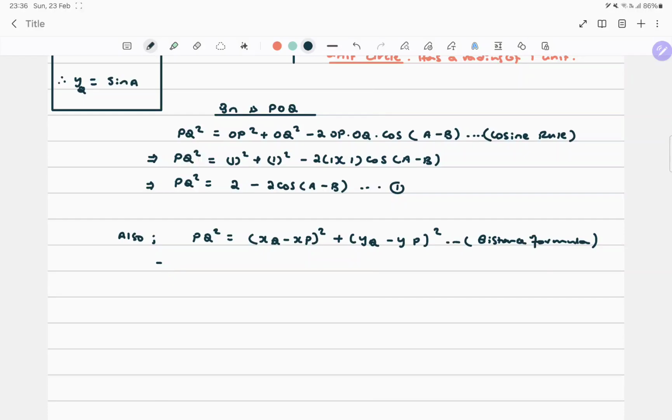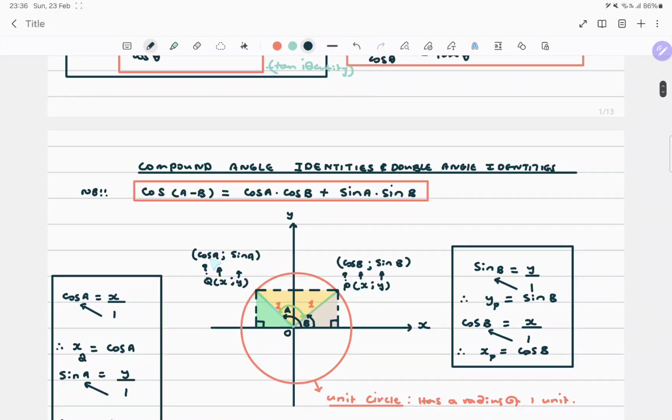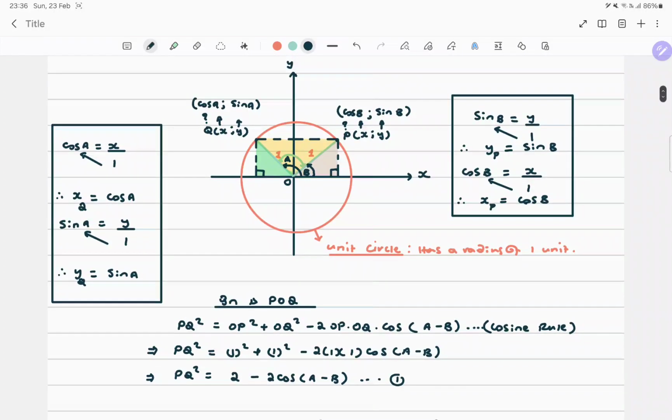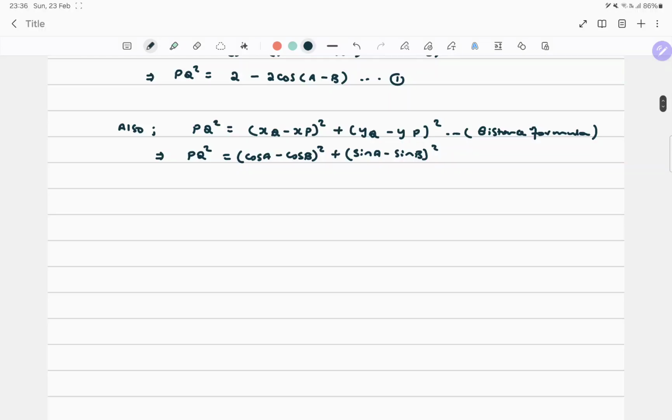All right, so this implies that PQ squared, now x at Q, what is it? It's cos A, minus x at P, that was cos B, all squared, plus this is sine A minus sine B, all squared. We just plug those coordinates in there, no problem.